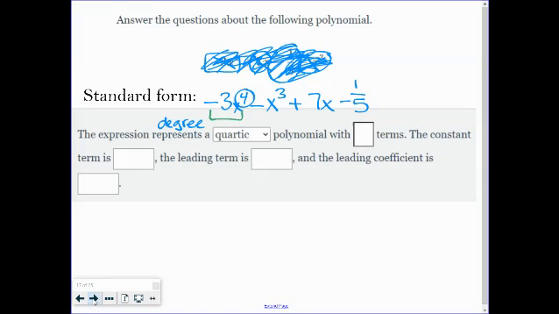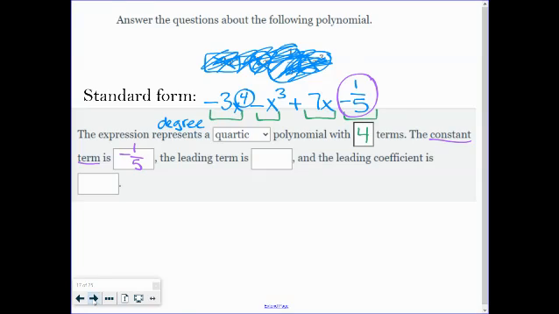Then we look at the number of terms. I've got 1, 2, 3, 4. So we type the number 4 for 4 terms. All right, now we know what the constant term is, the number all the way at the end without an x or a variable with it. So negative 1/5.